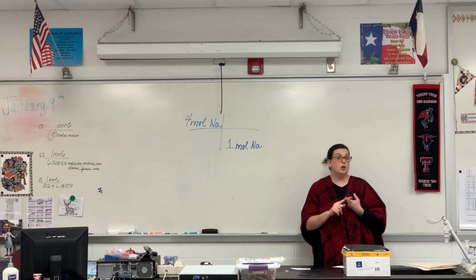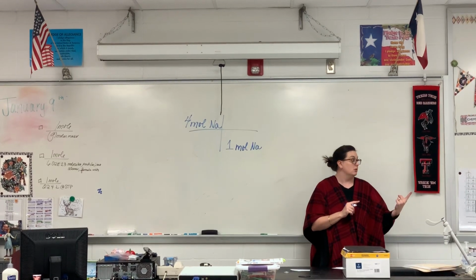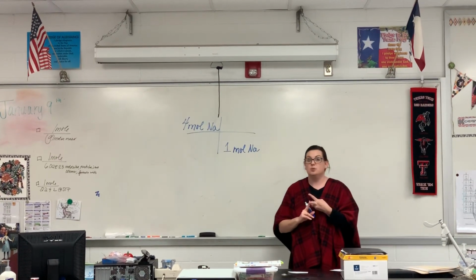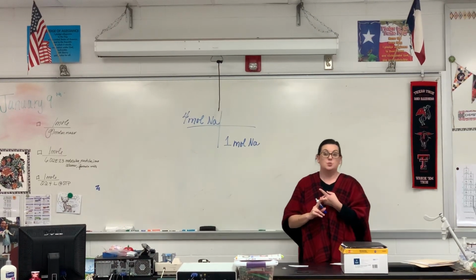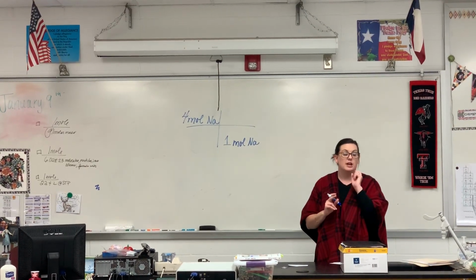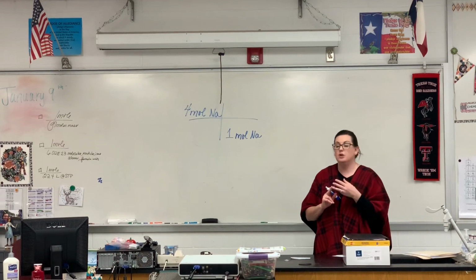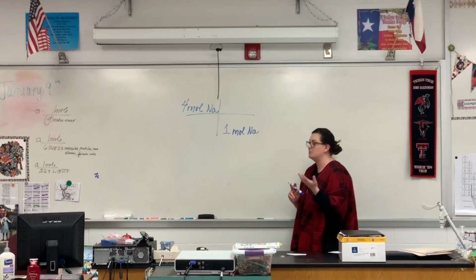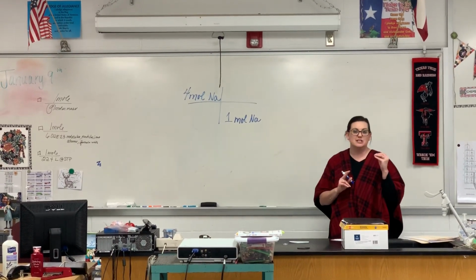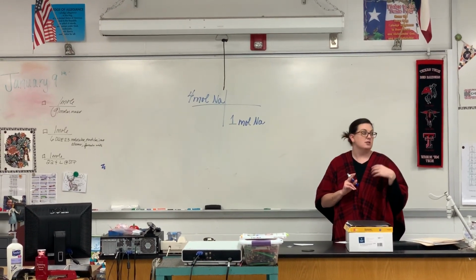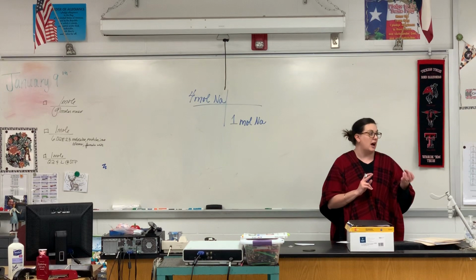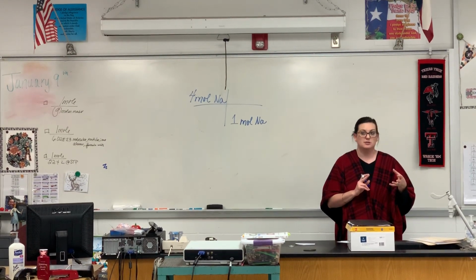Now, I just told you conversions. I said that 1 mole is equal to Avogadro's number. I said 1 mole is equal to 22.4 liters. And 1 mole is equal to Avogadro's number, which is 6.02 times 10 to the 23 particles, molecules, atoms, ions, formula units.